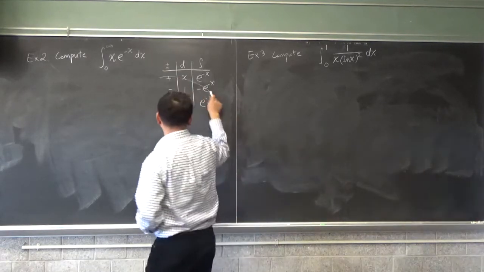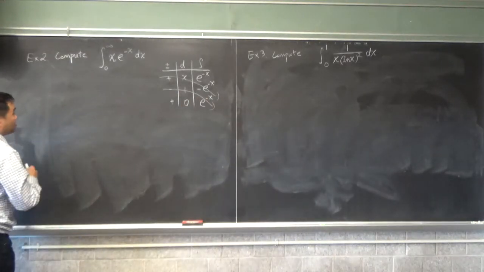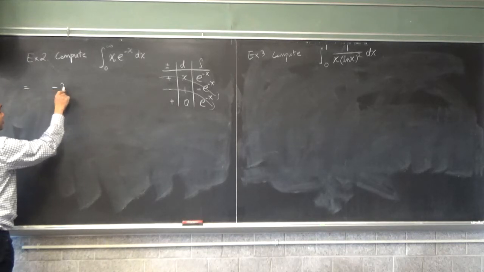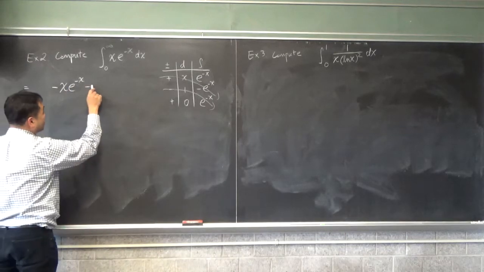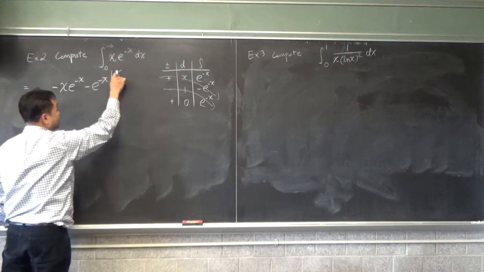Then multiplying like that gives you the integral as negative x times e to the negative x, then minus e to the negative x. Now you plug in infinity and 0.